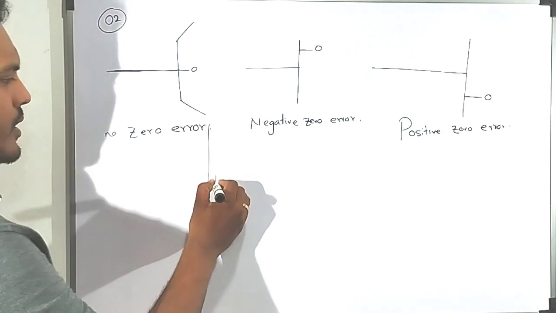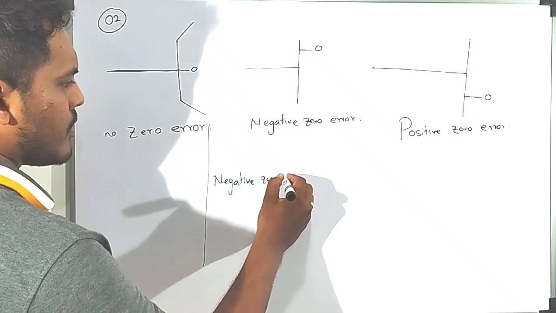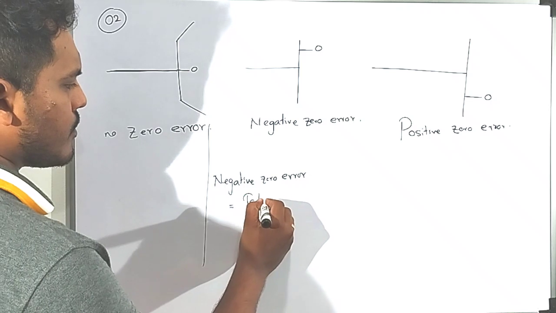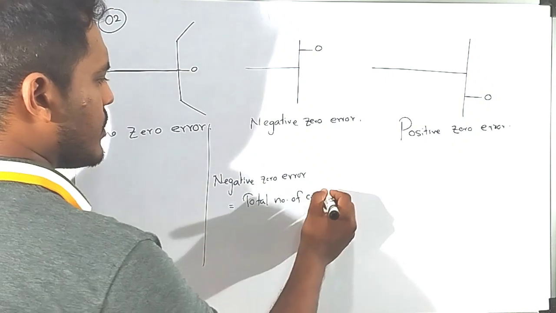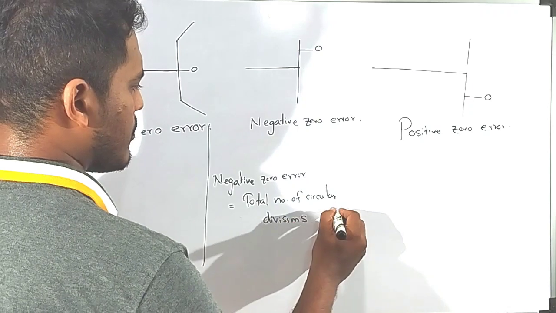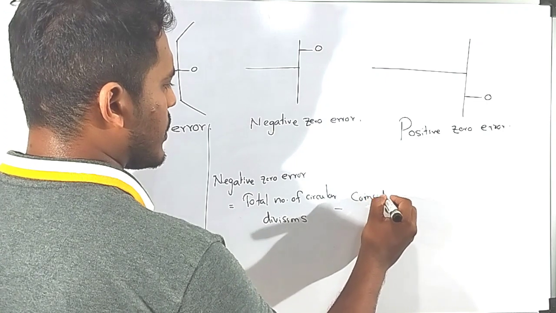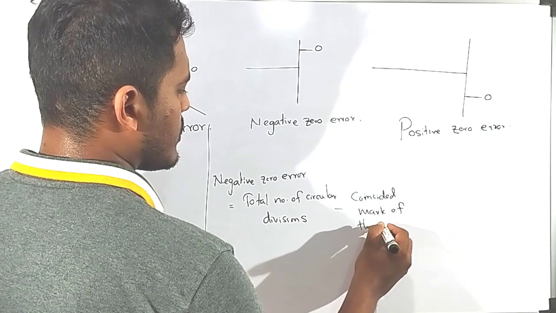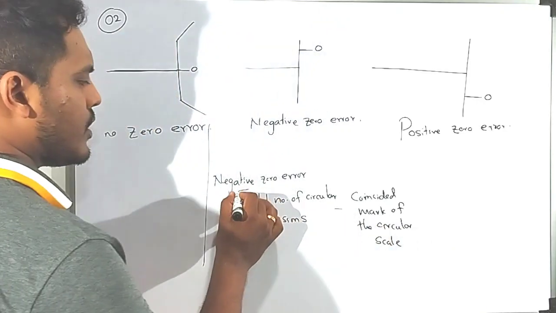Here negative zero error equals the total number of circular divisions minus the coincided mark of the circular scale, into least count.